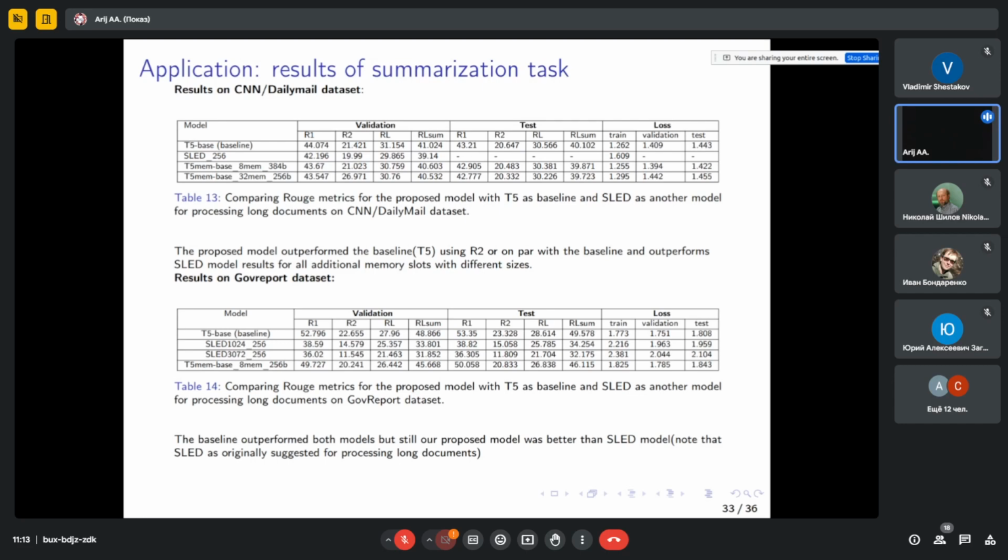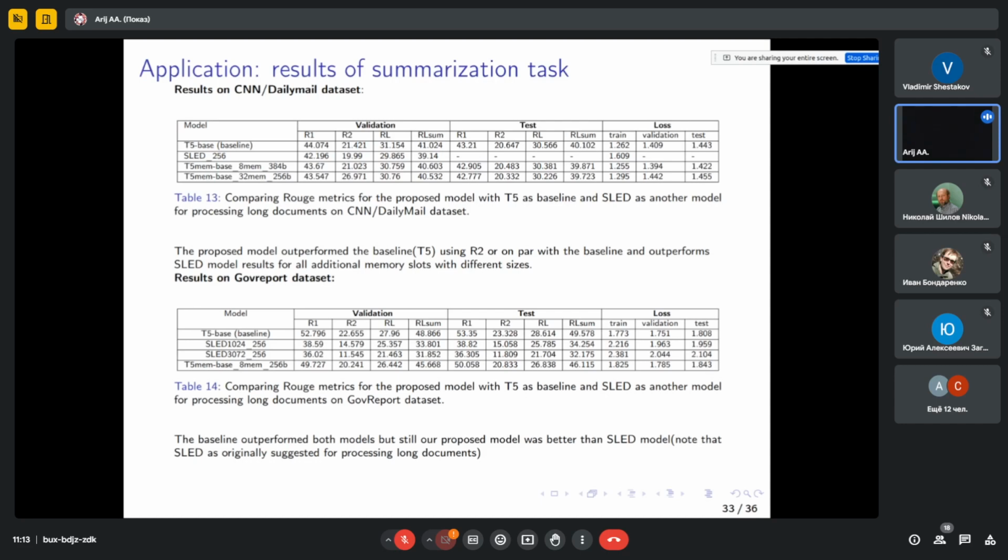As I said, SLED is practically somewhat close to my model, but it doesn't use memory or global tokens for the chunks, and my model uses memory slots. And this emphasizes the importance of memory slots for information interaction, and as I said from the previous tasks, the small difference between the proposed model and the T5 baseline also emphasizes the importance of memory slots.